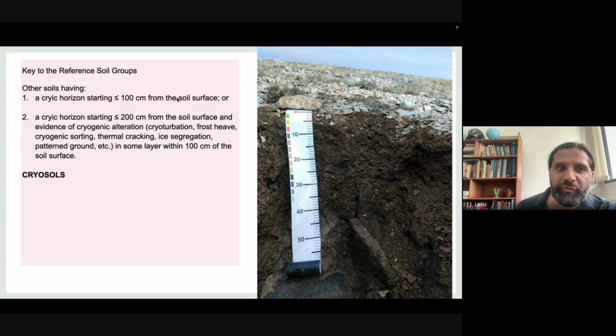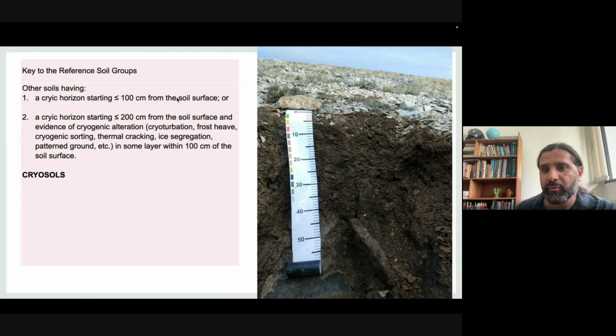combined with evidence of features that express this permafrost, like cryoturbation that I already explained to you, the migration of clay from the bottom to the top because of differences of temperature and moisture. Frosts have this difference of temperature that induces the freezing of some materials inside the soil, the cryogenic sorting.